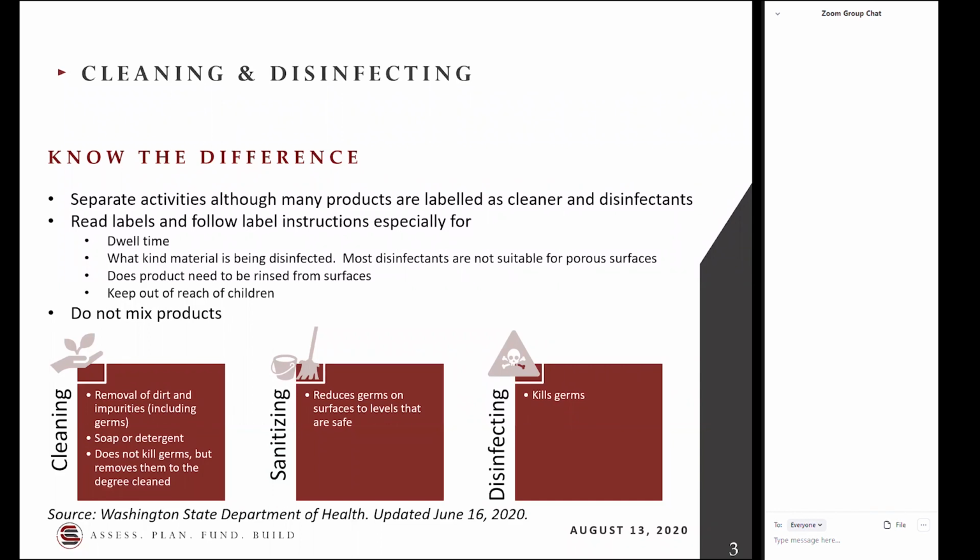I guess the best example that I could give would be for food surface. So you've got dirty dishes or cooking utensils, right? First thing you've got to do is scrub them and get all the fats and oils and detergent and all the stuff off of them, right? Then you run them through a sanitizer so that you're reducing the germs on the surface, right? And then you put them up, and hopefully, I think one of the biggest violations of the food code is putting up wet dishes or wet utensils. But then you put them up and you let them air dry.